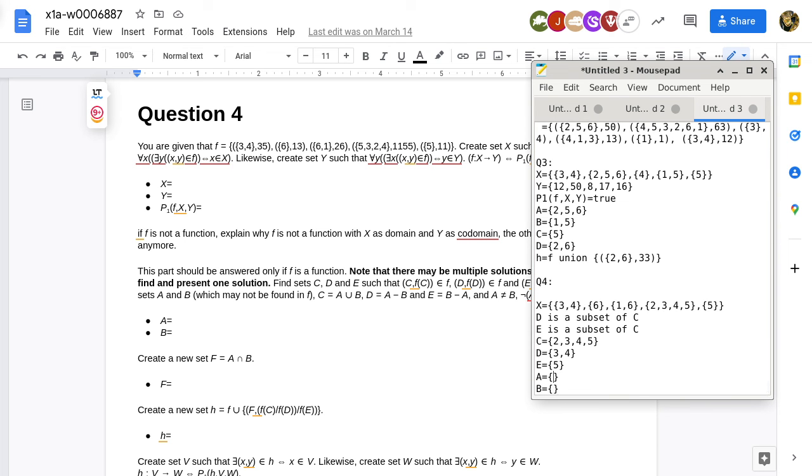All right. So we want A union B to be {2, 3, 4, 5}. We want D to be A minus B. So D needs to be A minus B. And then we want E to be B minus A. Okay, D is {3, 4}.